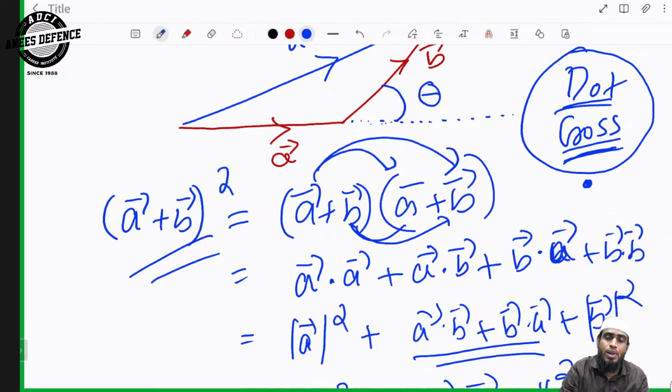These are the two types of multiplication in vector algebra. Dot product means a scalar product. If we are taking the dot product of two vectors, we will get a scalar quantity. If we are taking the cross product of two vectors, we will get a vector quantity.